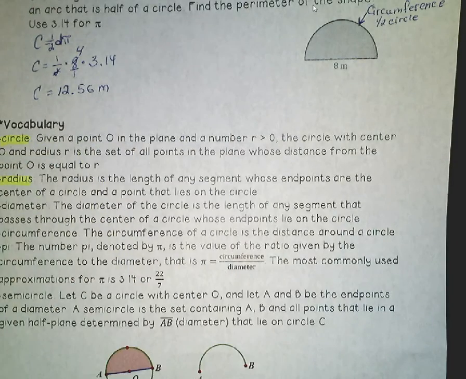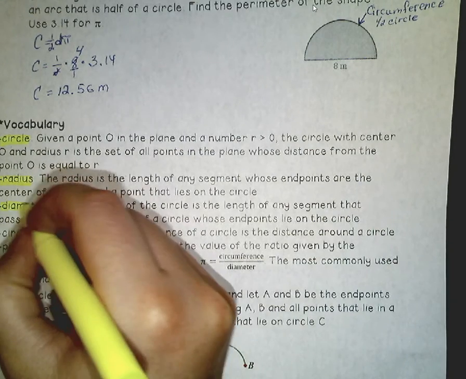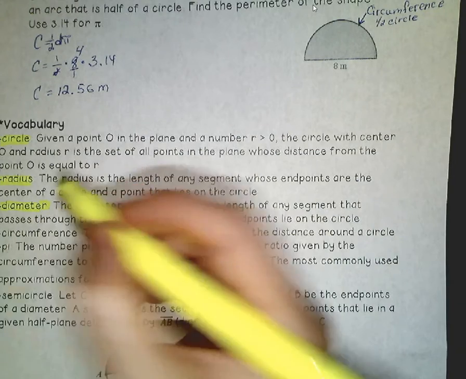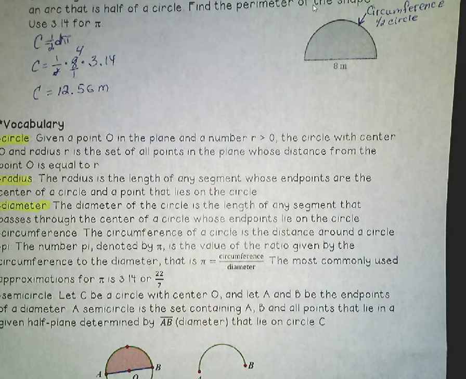Radius is the length of any segment whose endpoints are the center of a circle and a point that lies on the circle. The diameter of the circle is the length of any segment that passes through the center of the circle whose endpoints lie on the circle.